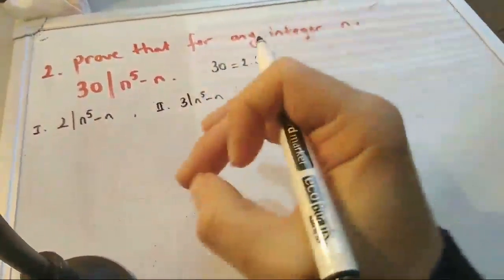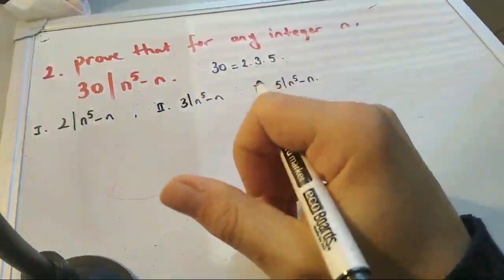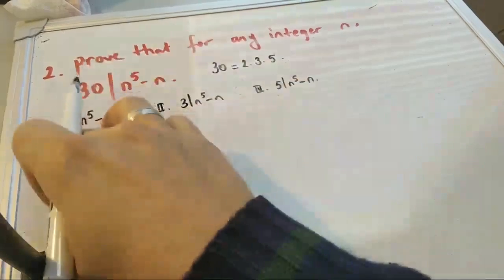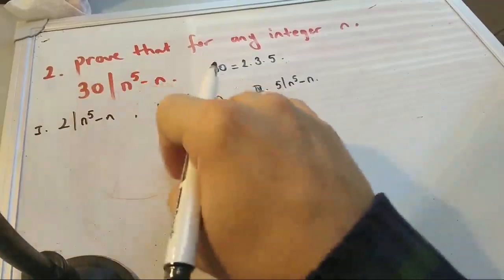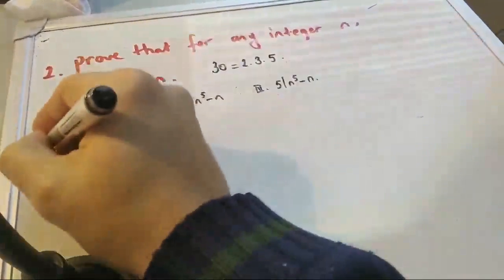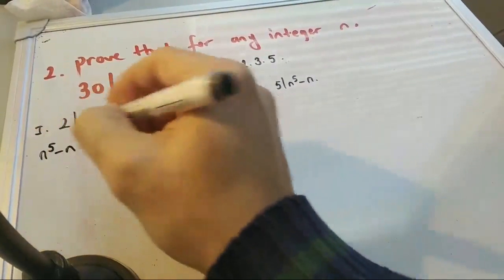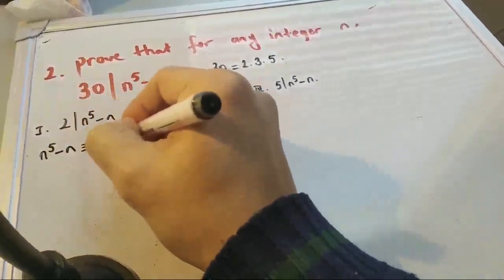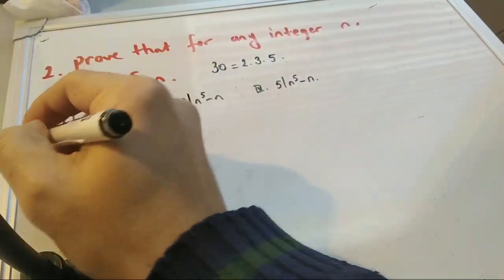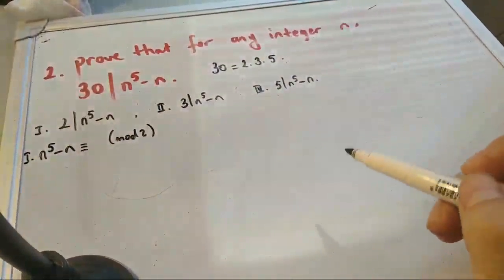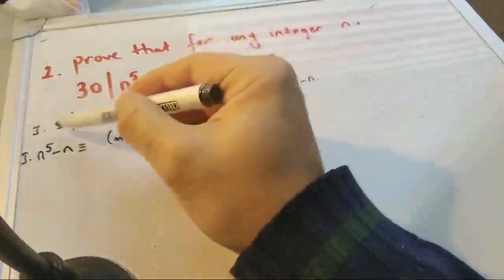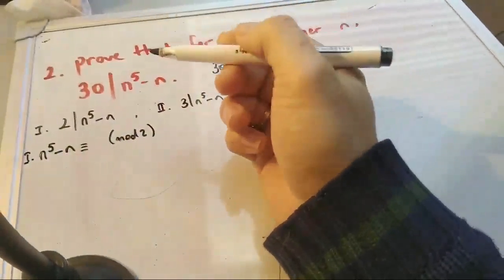Remember first, when we convert the division algorithm to the modular arithmetic system, I will convert n to the power of 5 minus n is divisible by 2. How can we convert it? The first case: if n to the power of 5 minus n is divisible by 2, what is the remainder? The remainder is 0, right?